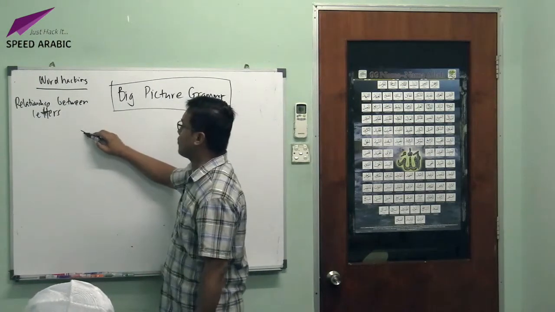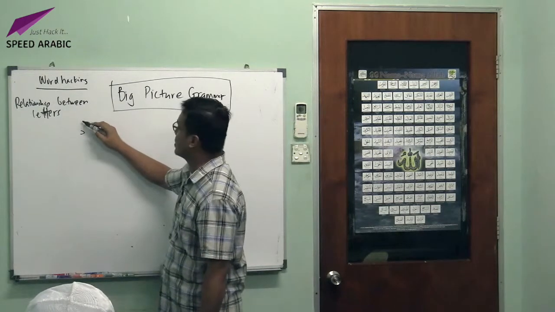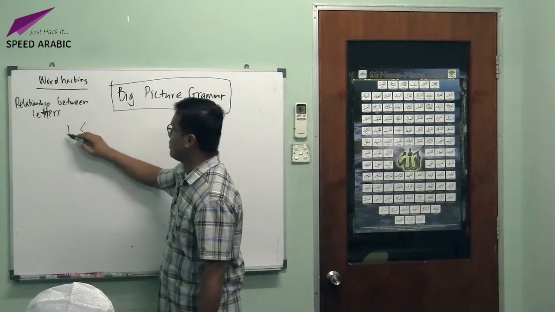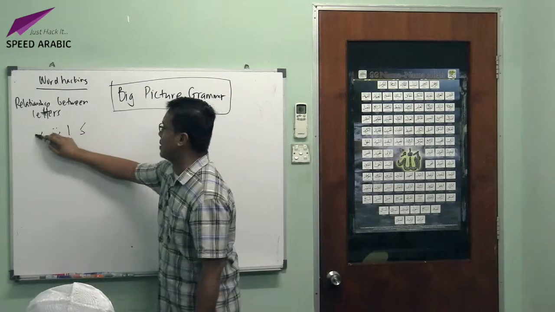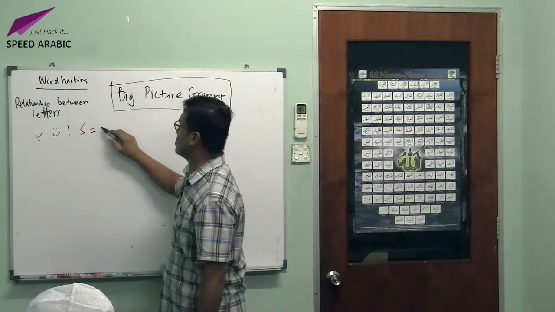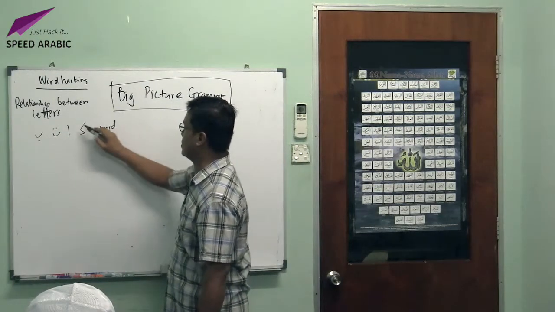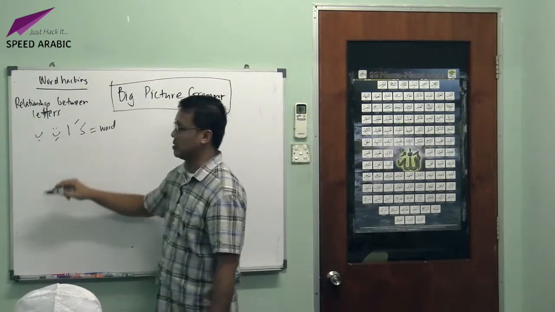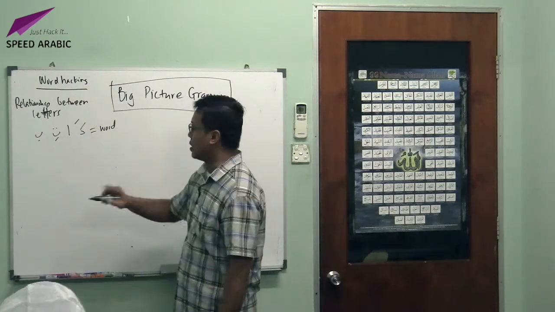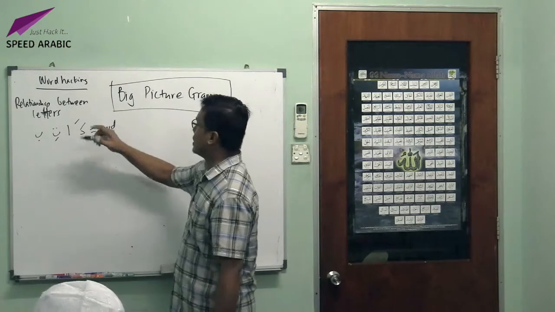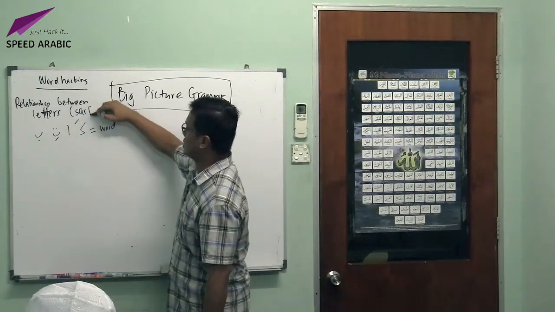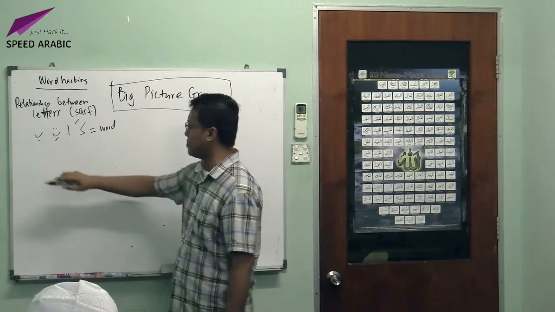So let's say kaf, just now we took katib. Kaf plus alif plus ta plus ba equals a word, katib. That was what we were learning about. Sometimes it's called sarf in Arabic.